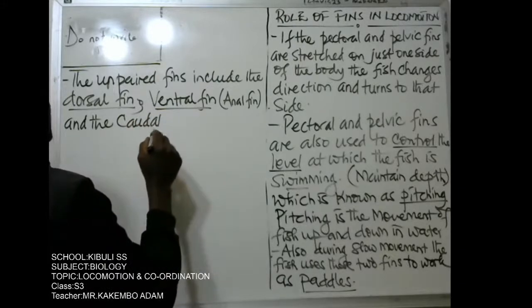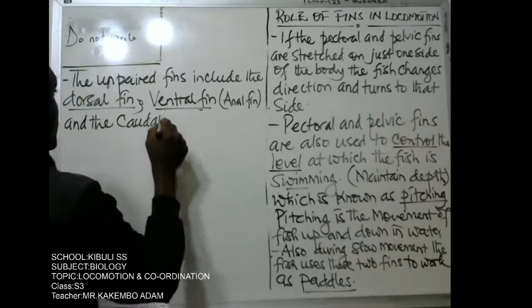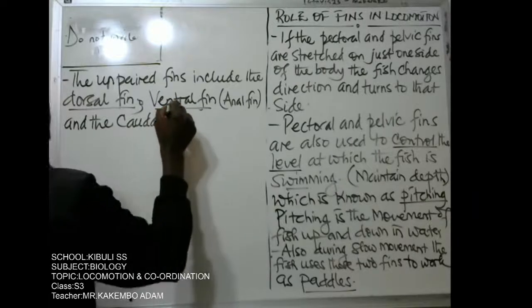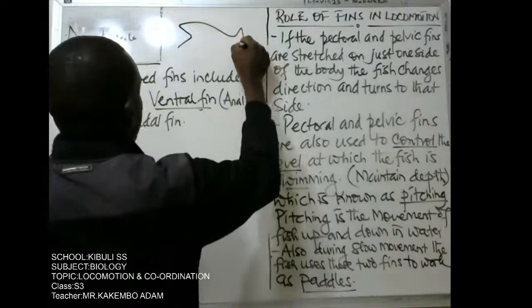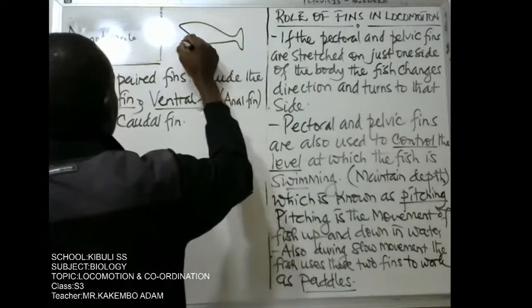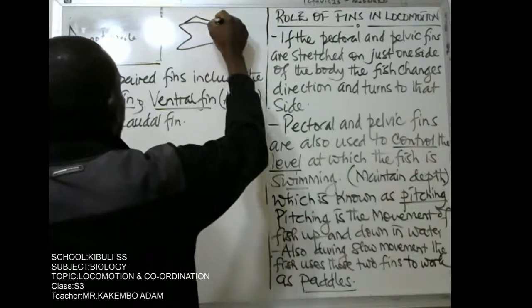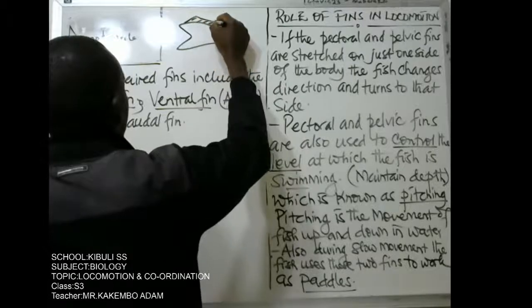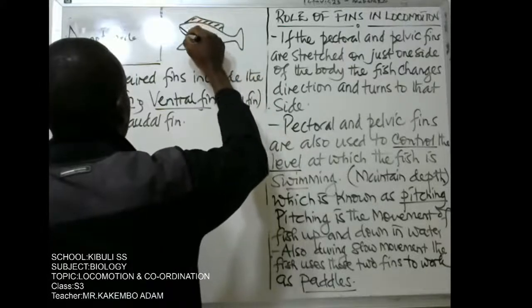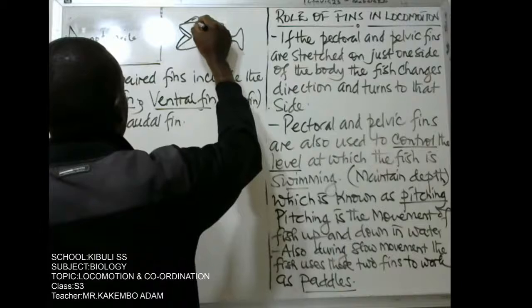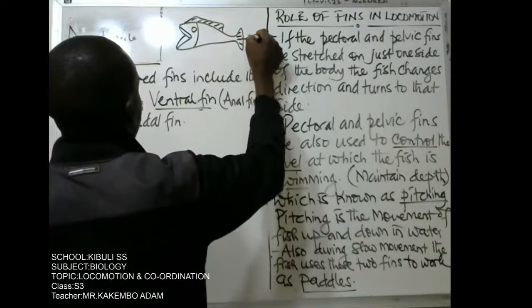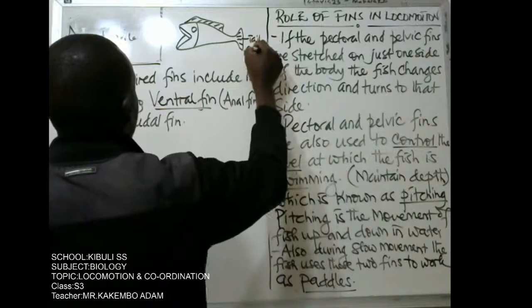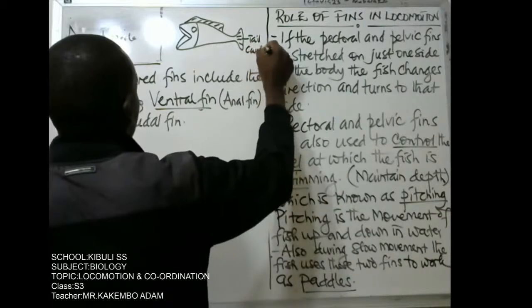Those ones appear as one. They are just single, right? Just a reminder. Which fins are we talking about? There's this one, that dorsal, on top of the body. Then we have the tail fin, also known as caudal.